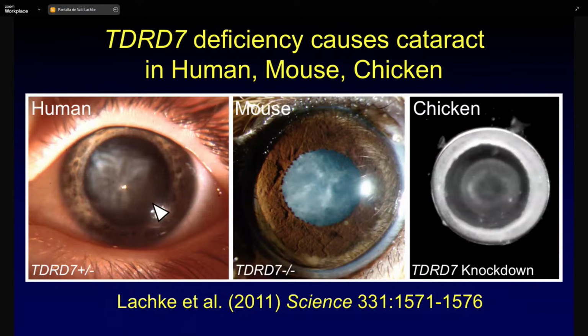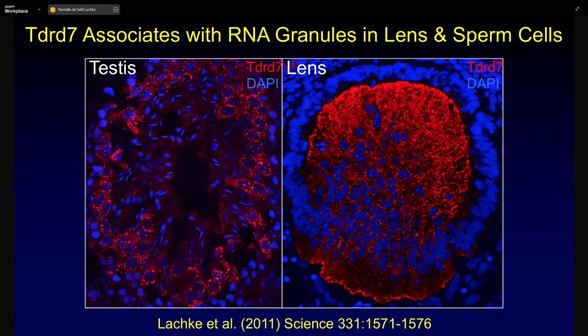And very long story short, because this has been published 13 years ago, we have shown that mutation of TDRD7 in humans, or a deficiency of this particular gene in animal models, gives rise to 100% penetrant cataract phenotypes. So of course, here are a couple of pictures to show that, look, here is a gene beautifully expressed. This is TDRD7 expressed in the spermatogenesis pathway in mouse testes, that's on the left.